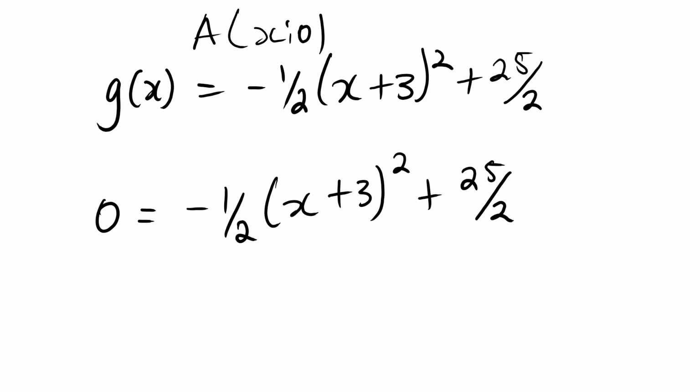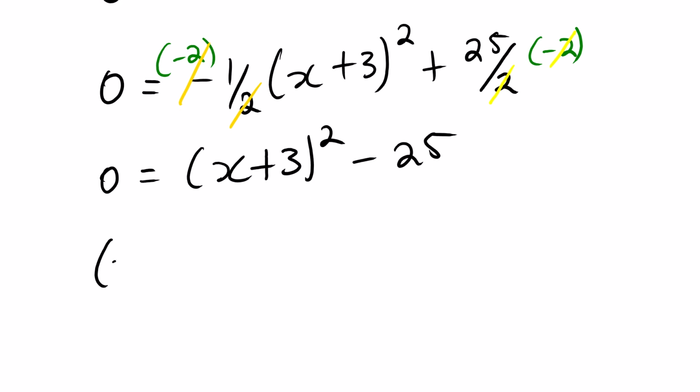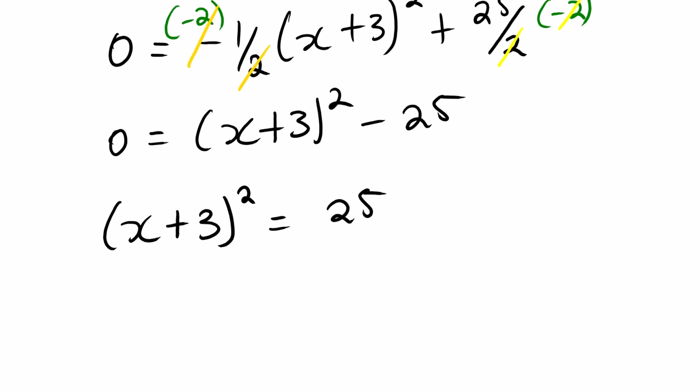So we multiply by the term causing the fraction, which is -2. This will get rid of this, and then we are left with (x plus 3) squared, and then this will get rid of this, and then we are left with -25. From there, we transpose -25 to this side, and we are left with this equal to positive 25.